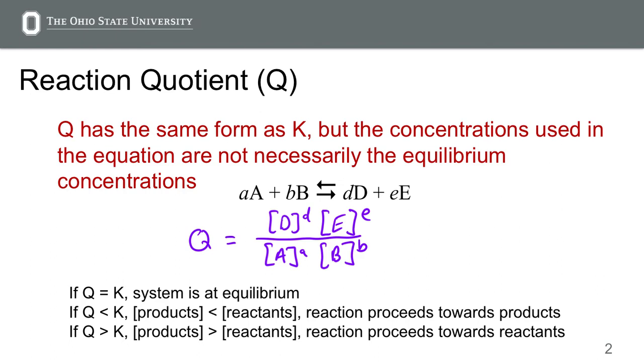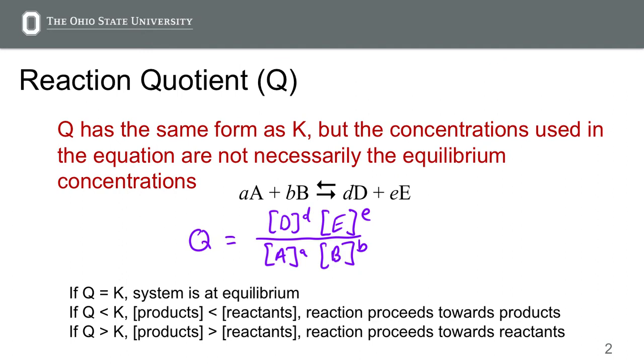Mathematically, when there are more reactants than products, the number in the denominator gets greater. So that makes Q smaller or larger? If this is large, that makes this small, right?